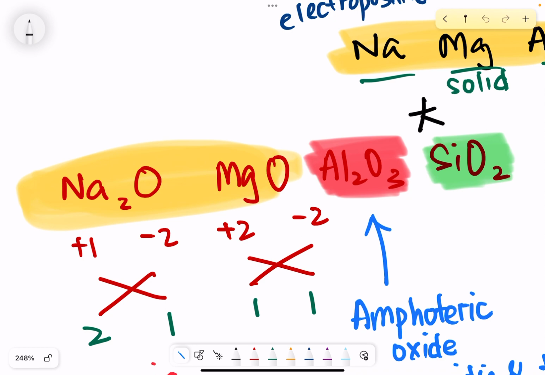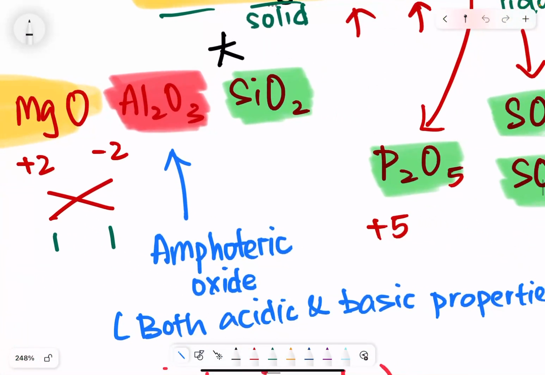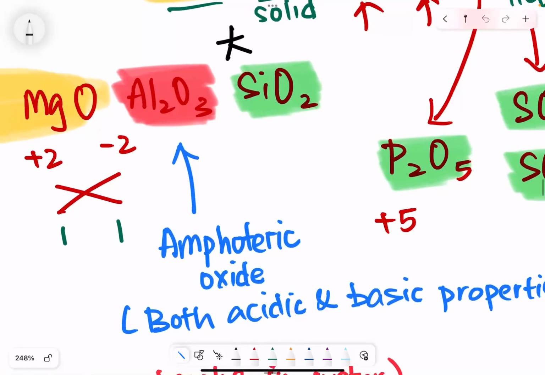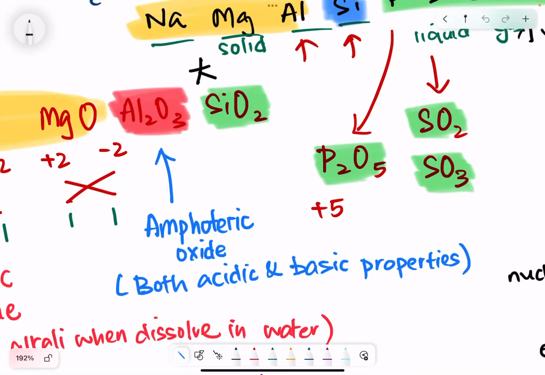But the red color one is a very special one because it has a special property called amphoteric, which means that it can react with both acid and base. Not like the base, which can only react with acid, while the acid can only react with base. Okay, pretty straightforward.